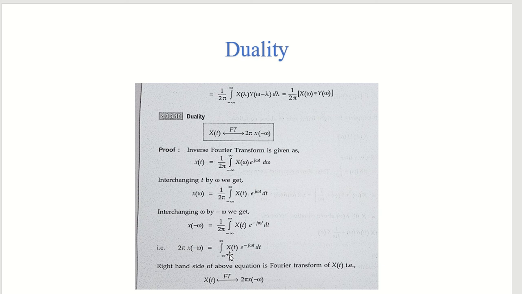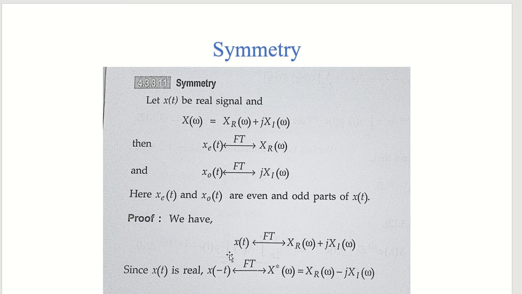Now the next property is the symmetry property. We also have symmetry in signals as even and odd signals, and here it is a similar thing. You can find the even and odd parts of your signal. Remember we have discussed that every signal can be divided into its even and odd parts.